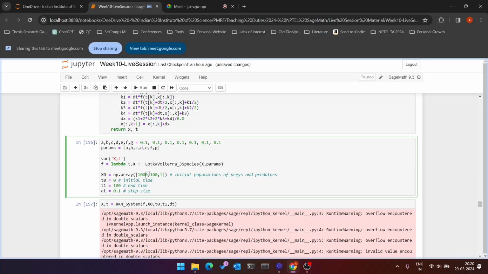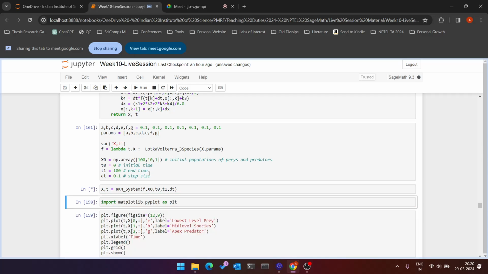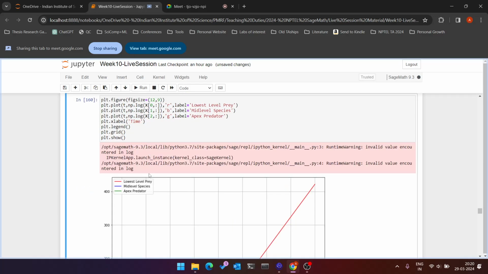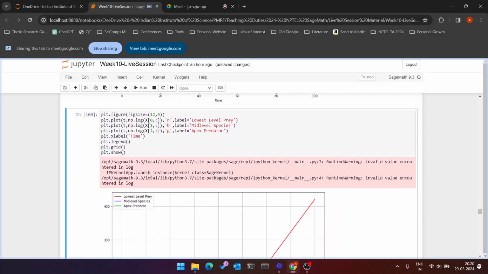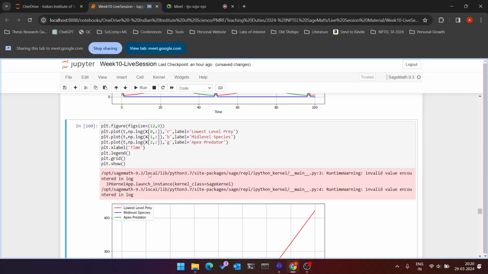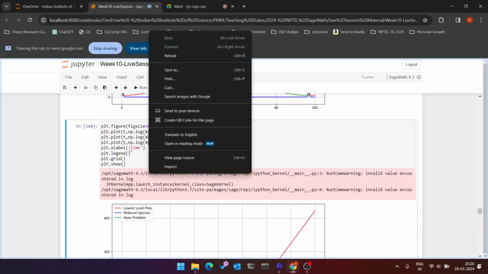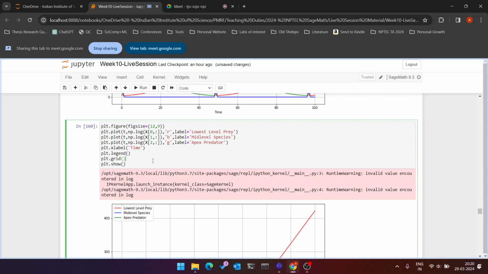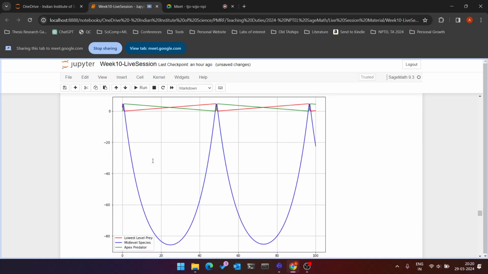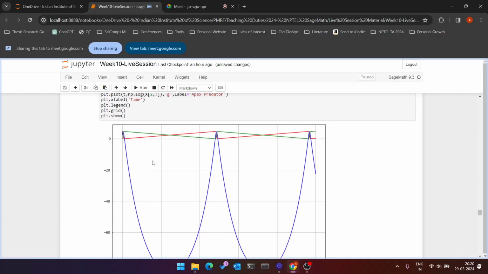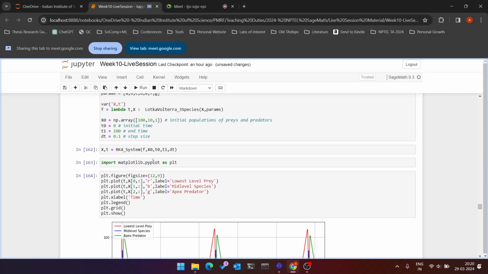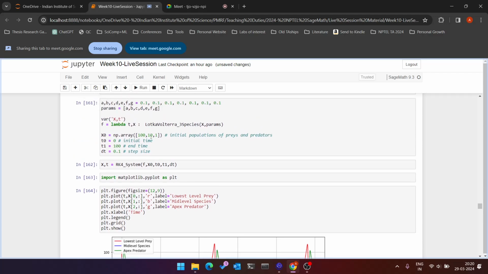I need to reduce this one. Still facing a bit of a problem in this one. Not sure why. Right now it's solved. Okay, so this is how it looks.